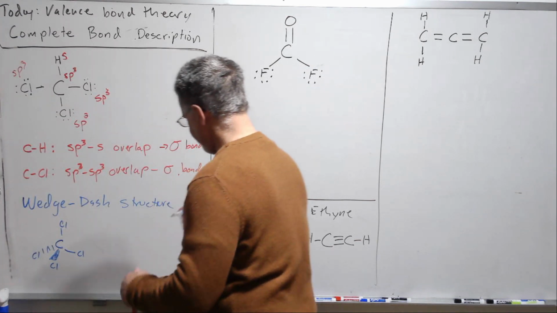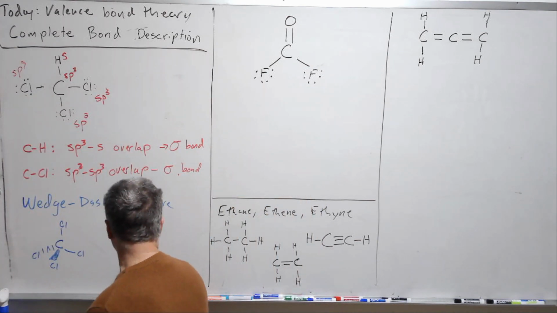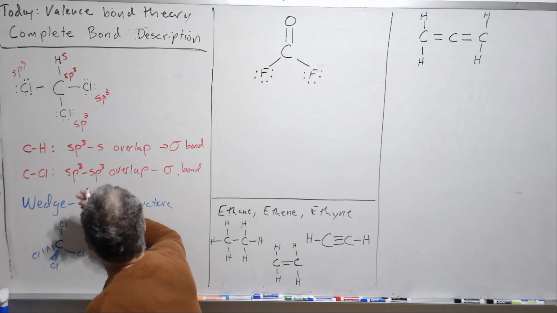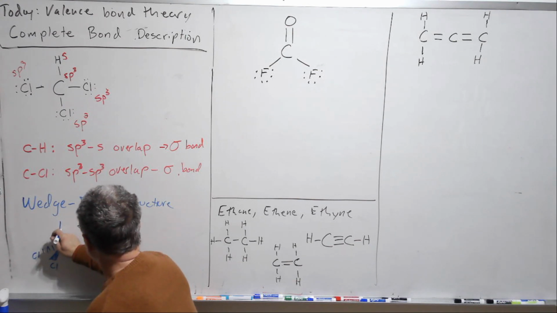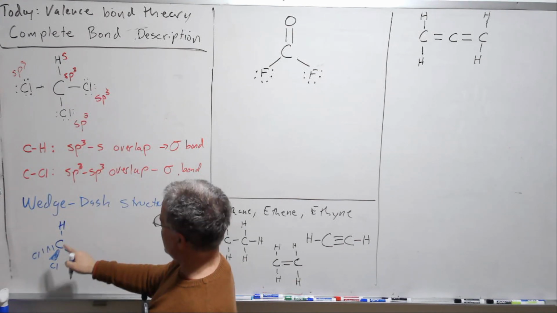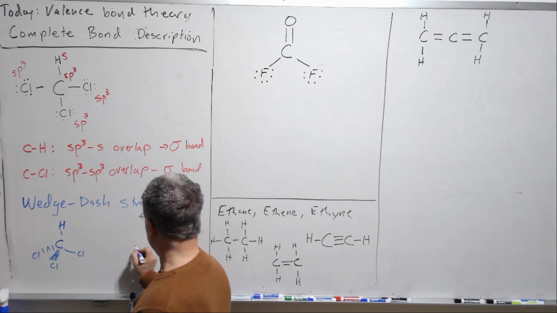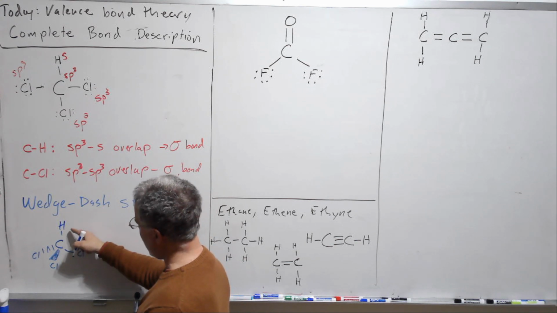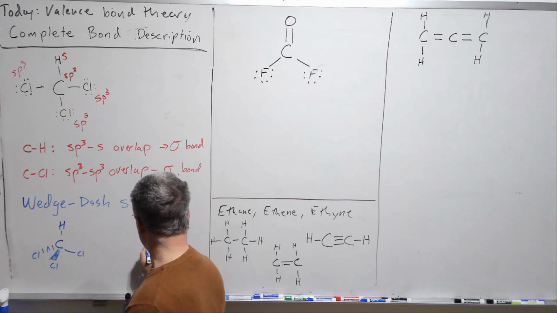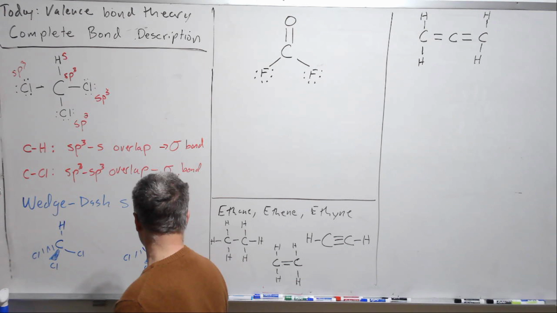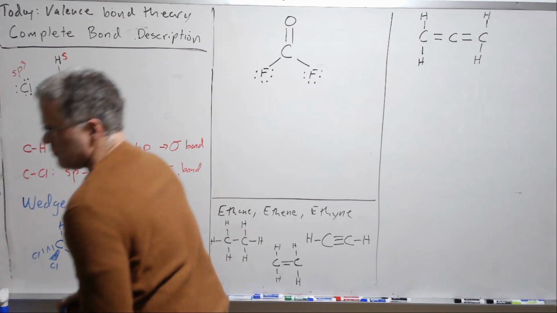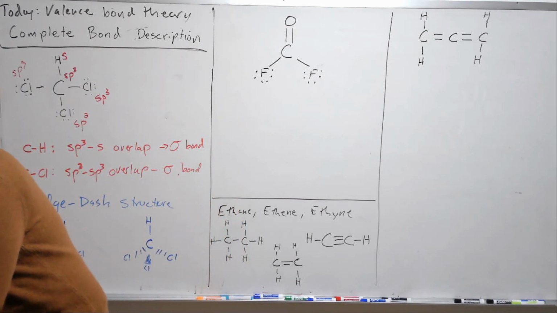Now, we could also do this. Sorry, for our molecule, that's an H up there. Since this has this asymmetry here with this H, we can also draw it like this, which is more of a pyramidal structure.